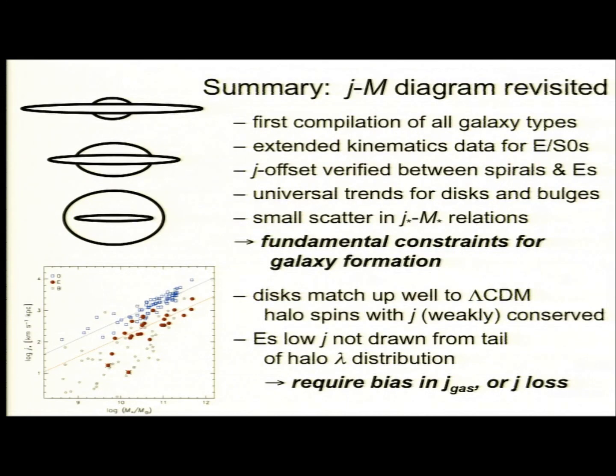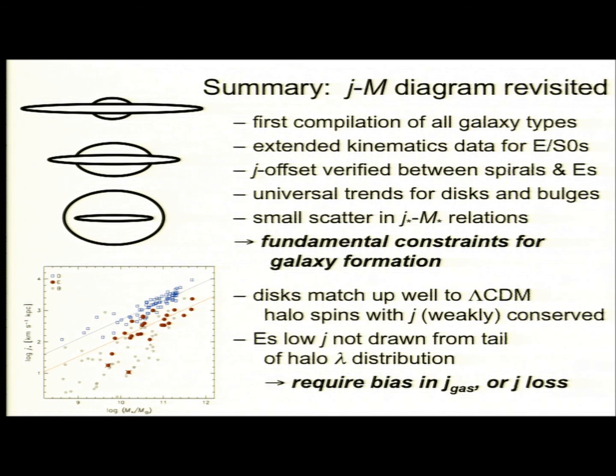So just in summary, again, this is the specific angular momentum versus mass, in stellar mass and specific angular momentum. The first compilation for all galaxy types, becoming a benchmark for galaxy formation theory, using modern extended kinematics data for early type galaxies so that we can finally be confident we're getting the right answer.